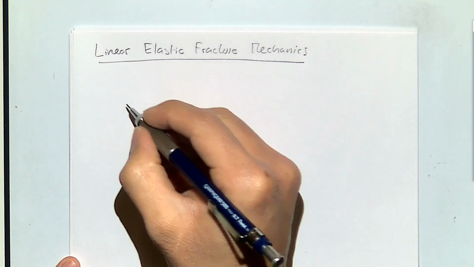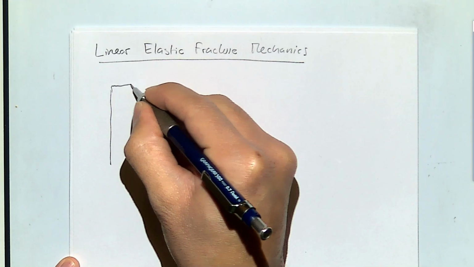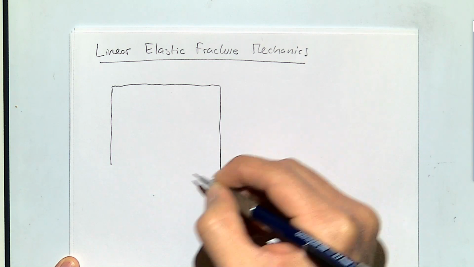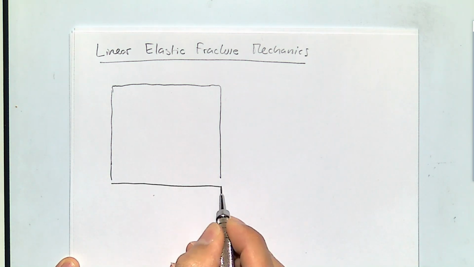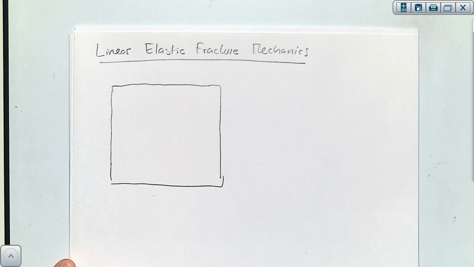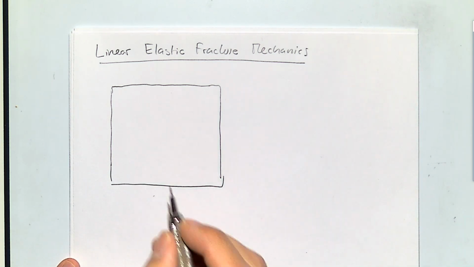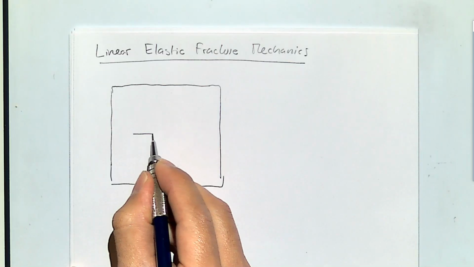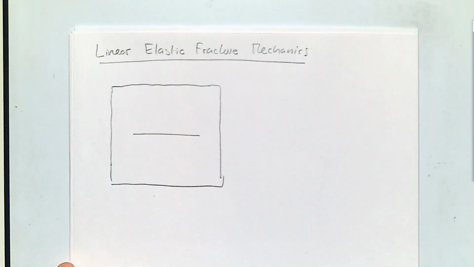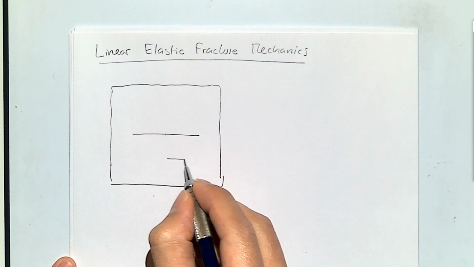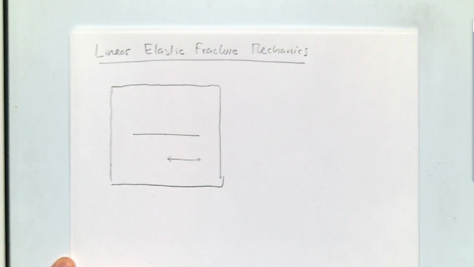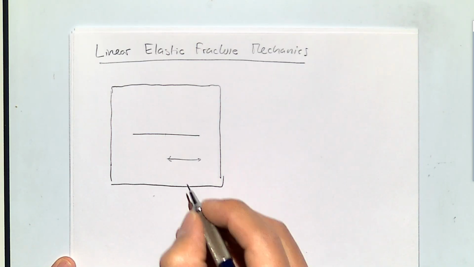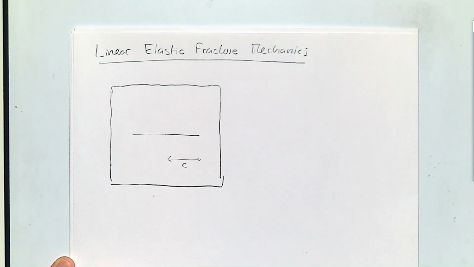What we have been seeing before is that we can propagate a fracture into a solid medium. And here, I'm drawing a box. This is supposed to be an infinite medium. Inside, I have a fracture, which here I'm just going to make as a line. And you could further say that this is the fracture half length, and I'm going to call it for now with the letter C.